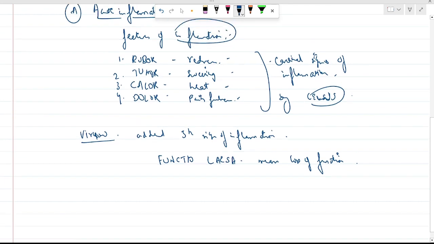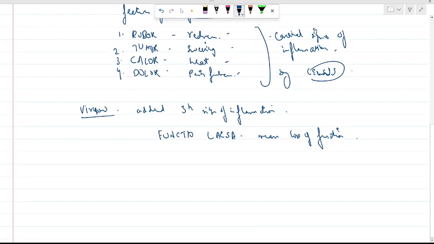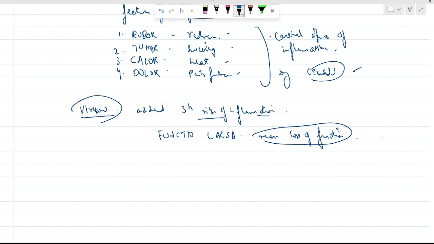So there are now 5 signs of inflammation: redness, swelling, heat, painfulness, and loss of function of the concerned organ. Virchow added the 5th sign of inflammation. 4 cardinal signs were given by Celsus.